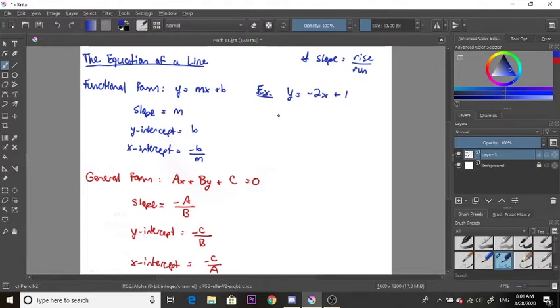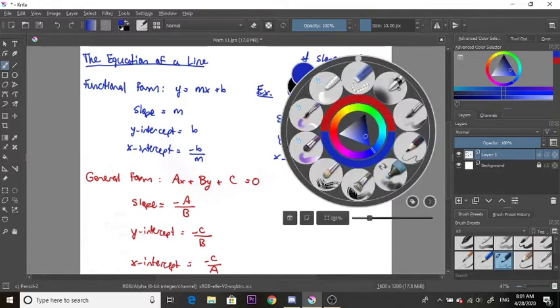From here, we can determine that our slope is negative 2. Our y-intercept is positive 1. And our x-intercept will be the negative of this b, so it'll be negative 1 divided by our m, which is negative 2, which is equal to 0.5. It's positive 0.5.